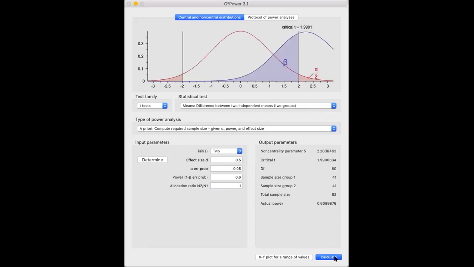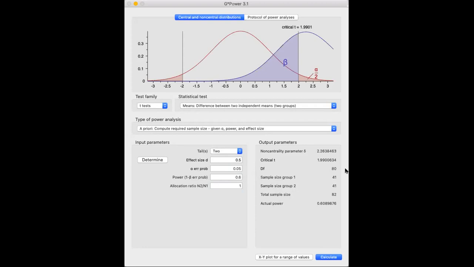If we calculate that, we can see that to achieve a power of 0.6, if the effect size is 0.5, then we need 41 participants per group. You can see the sample size for group 1 and group 2 are both 41. So the actual power will be 61%.